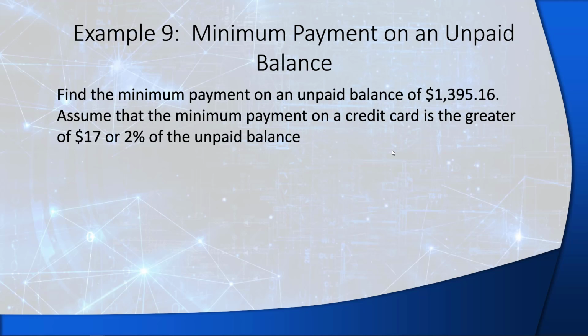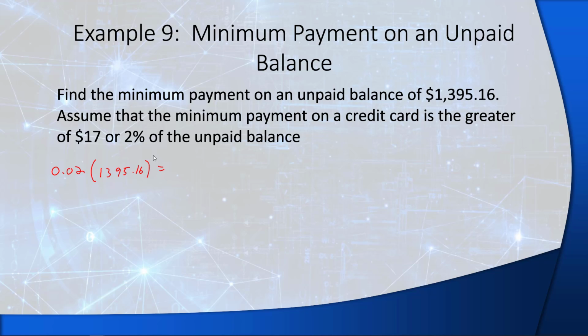In this example, we want to find the minimum payment of an unpaid balance, probably on a credit card. And here we're going to assume that the minimum payment must be greater than either $17 or 2% of the unpaid balance. So the first thing we want to do is figure out how much 2% of the unpaid balance is. And once again, we can't work with 2%, but we can work with 0.02. So 2% of the unpaid balance is going to be 0.02 times $1,395.16.